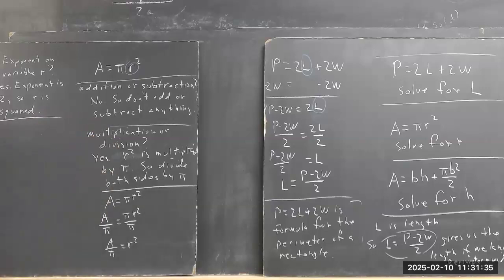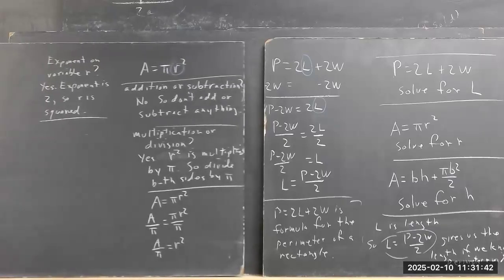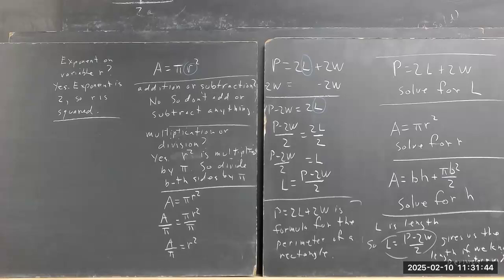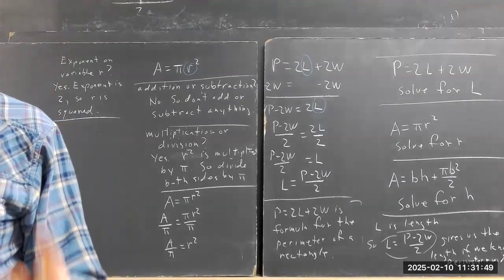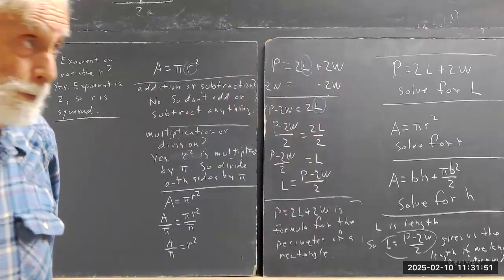The exponent is 2, so r is squared. Now, if you have an exponent other than 2, I don't necessarily expect you at this stage, where we haven't studied exponents, to know what to do. But if it's squared, I do expect you to know what to do.